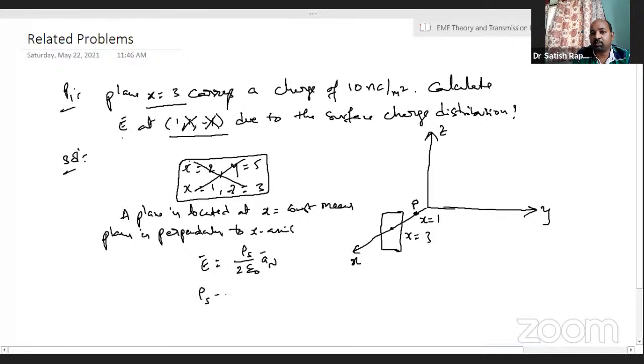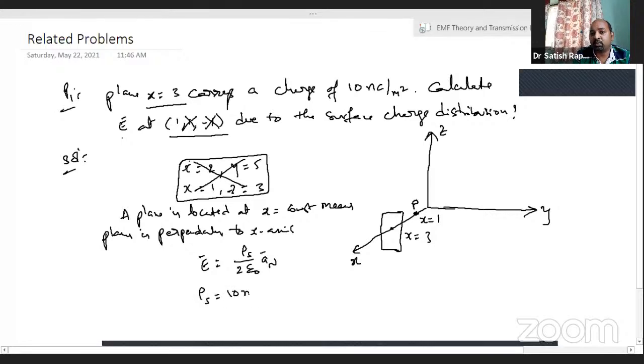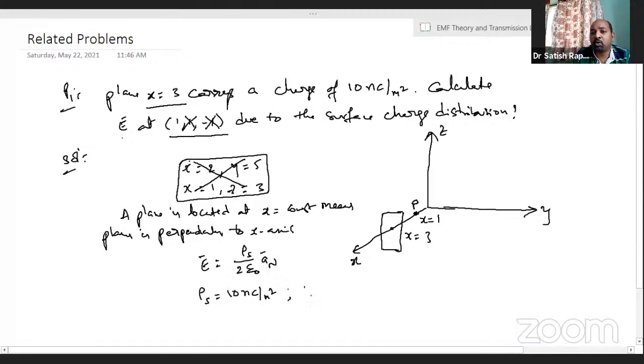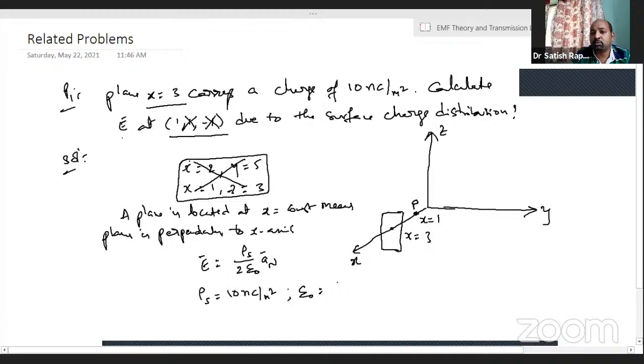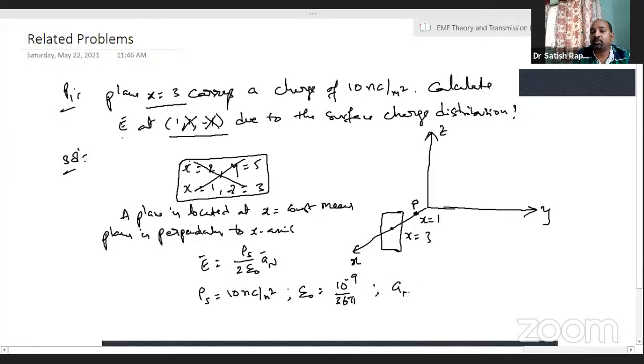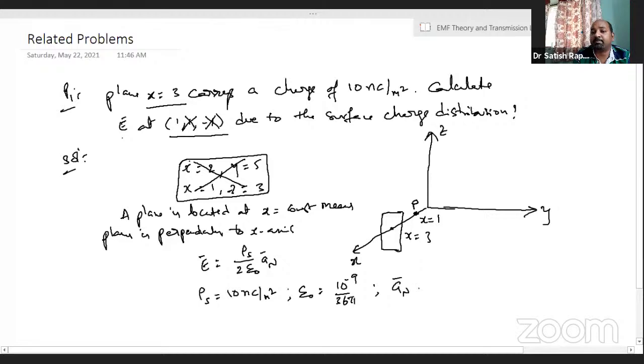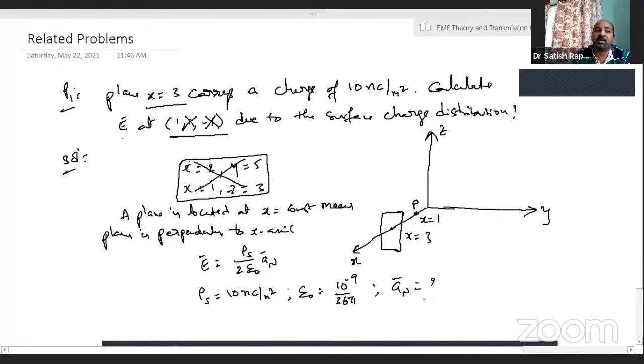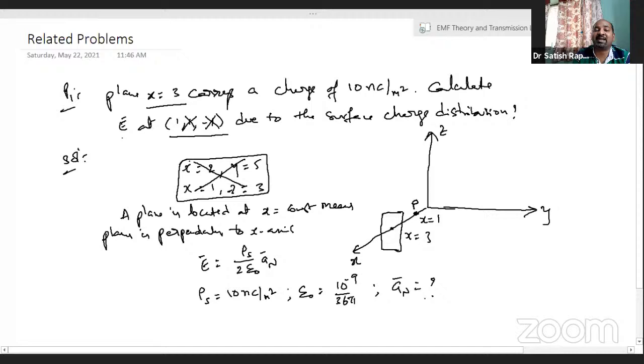Rho s is equal to 10 nanocoulomb per meter square, and epsilon naught is a constant whose value is known, 10 power minus 9 by 36 pi, right? And we have to determine a n bar, the direction of the electric field.